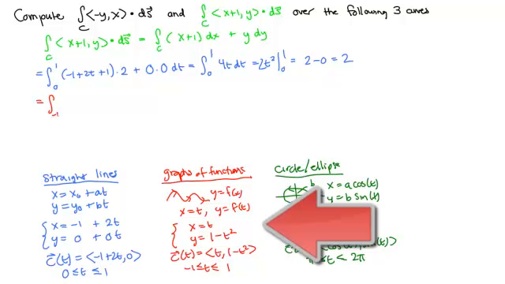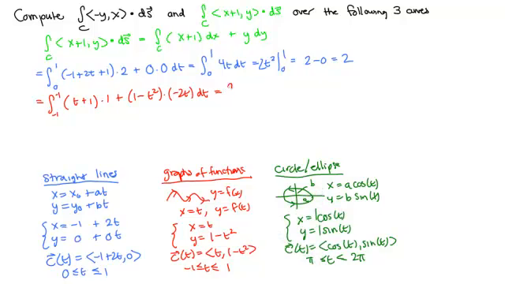That was parameterized from minus 1 to 1, x, t plus 1 times the derivative of x, which is 1, plus y, which is 1 minus t squared, times the derivative of y, which is minus 2t, dt.